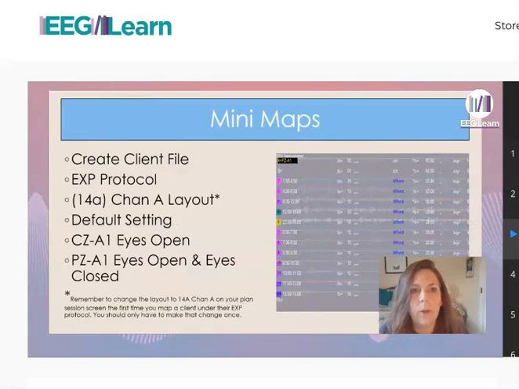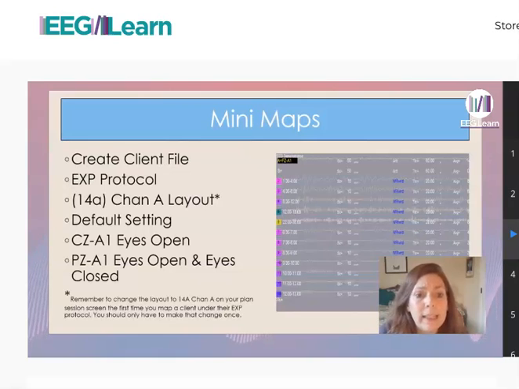So with the mini maps, if we were meeting together, we didn't have to worry about social distancing and we could meet in the same room and we were doing this class together, this would be the point where we would practice doing the mini maps. And as I said, we would do a CZ eyes open recording and a PZ eyes open and PZ eyes closed recording.